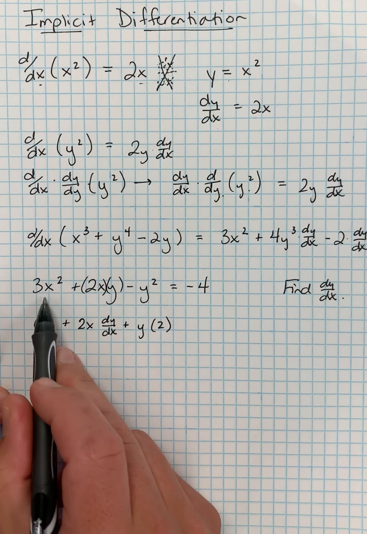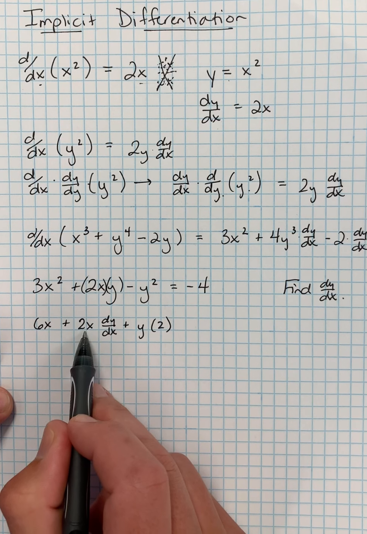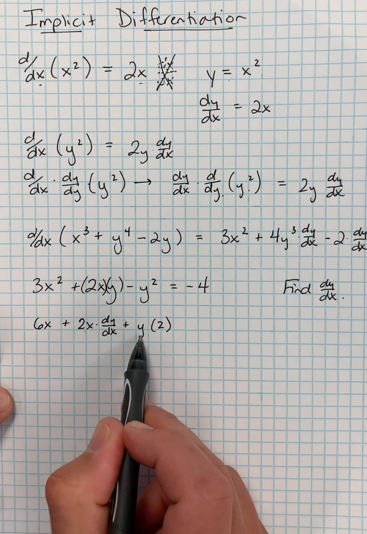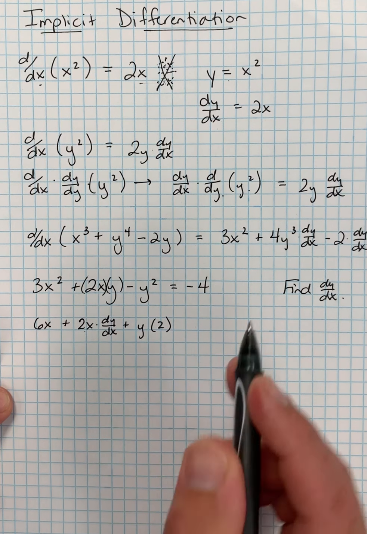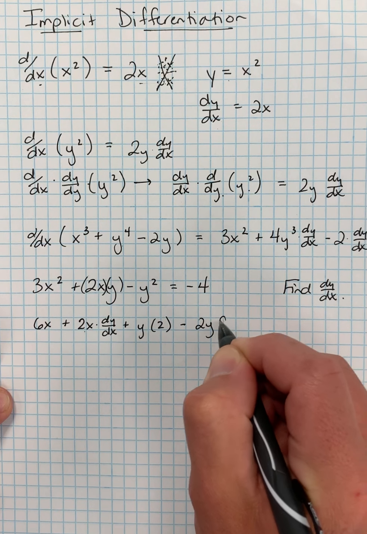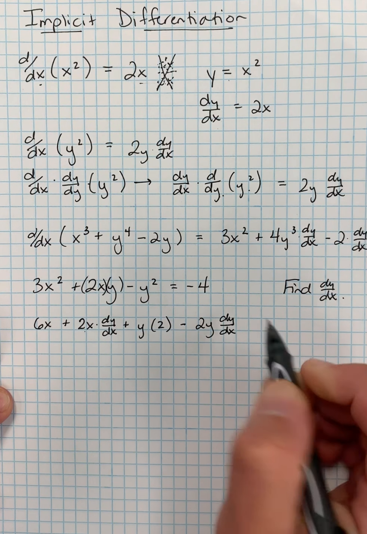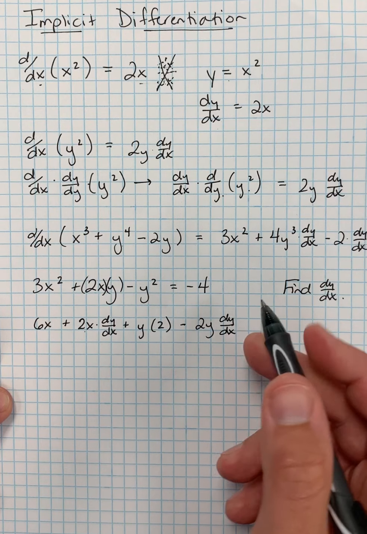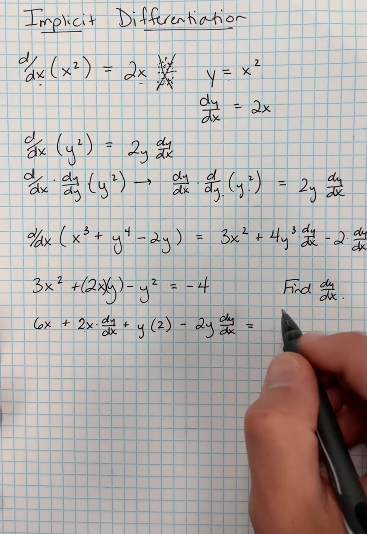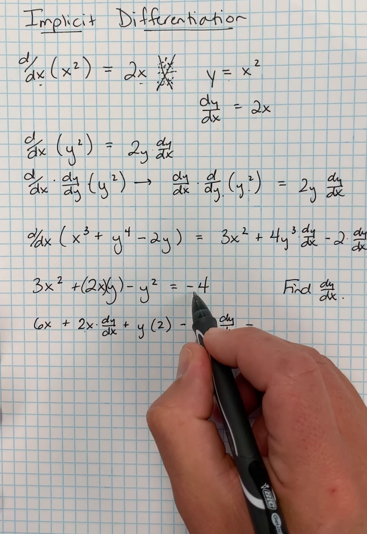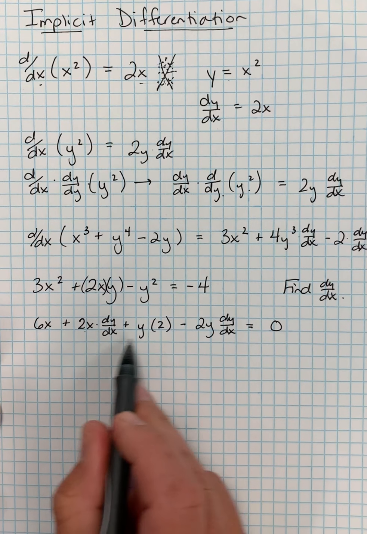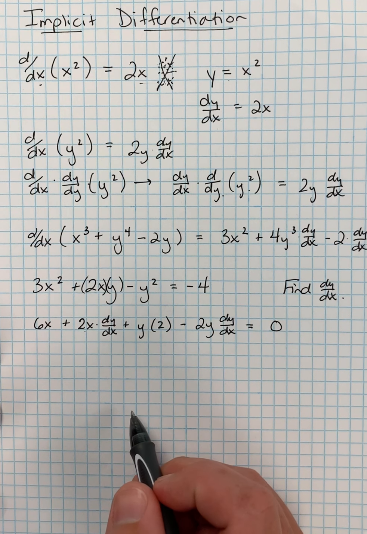So again, we have 6x from the first term, then 2x times the derivative of y, which is dy dx, plus y times the derivative of 2x, which is 2, minus the derivative of y squared, which would be 2y dy dx, because remember, we're taking the derivative of this whole equation with respect to y, equals, and be careful, because sometimes people just want to write -4 over here, but really the derivative of -4 is 0.